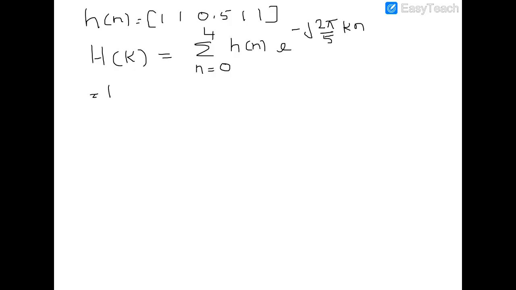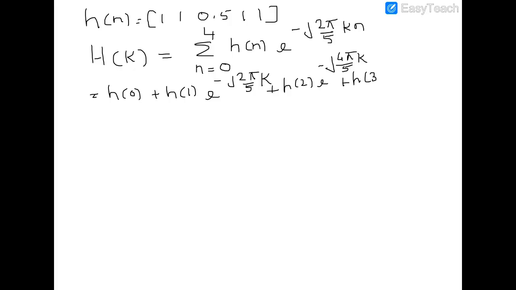This will give me h of 0, plus h of 1 e to the power minus j 2 pi by 5 k, plus h of 2 e to the power minus j 4 pi by 5 k, h of 3 is e to the power minus j 6 pi by 5 k, then h of 4 is e to the power minus j 8 pi by 5 k.